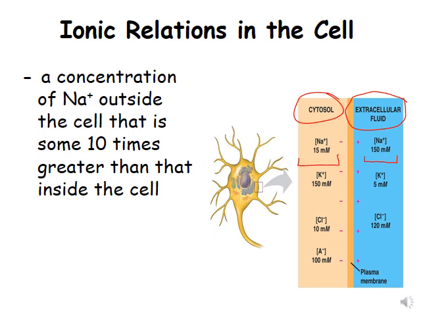So it's 10 times. The concentration of K+ is 150 in the cytosol, while in the extracellular it's 5, about 30 times. The concentration of Cl- in the extracellular is 120, while in the cytosol it's 10, so it's 12 times.